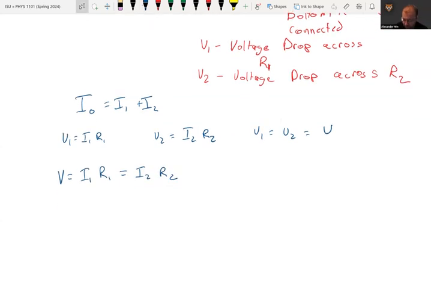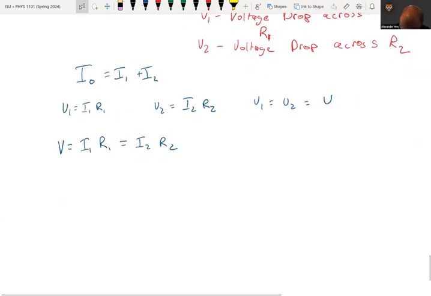Now, what we want is some R equivalent, where the voltage will be equal to our total current, I total, times R equivalent.